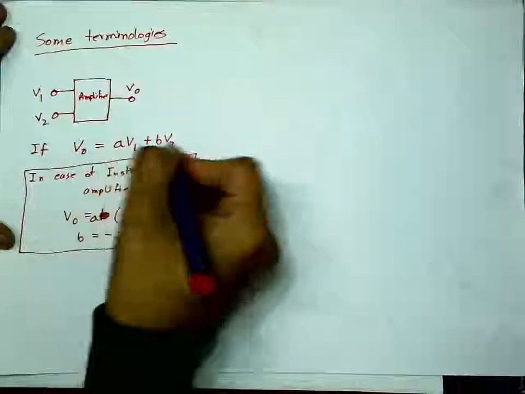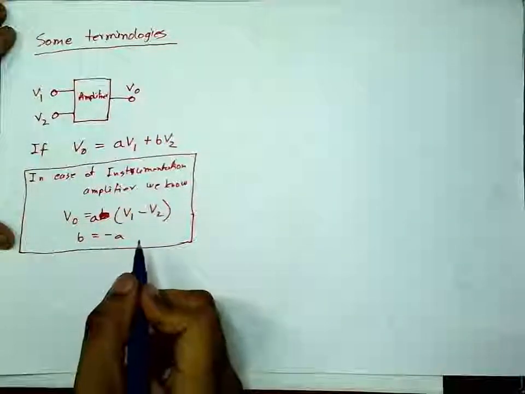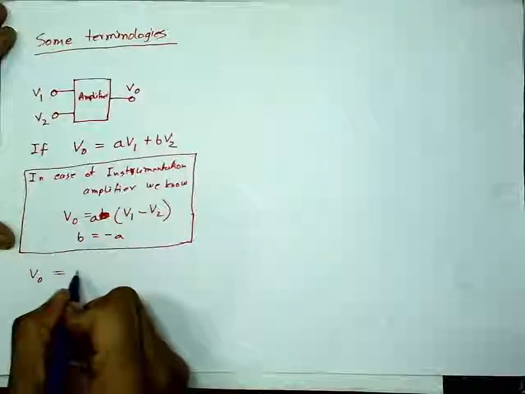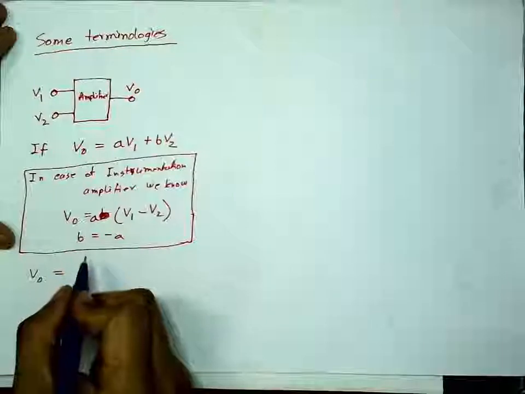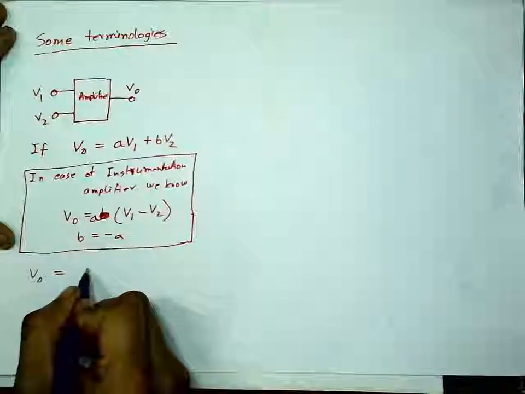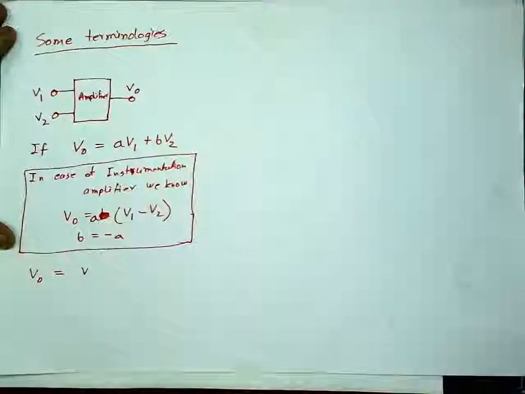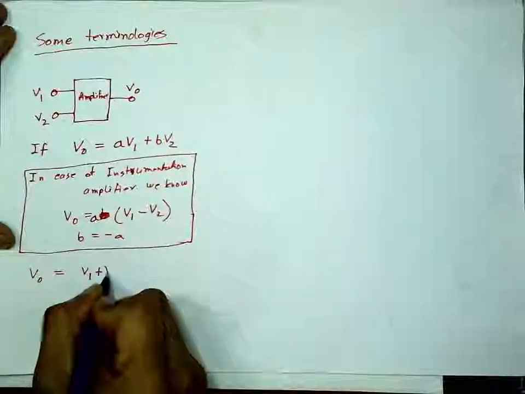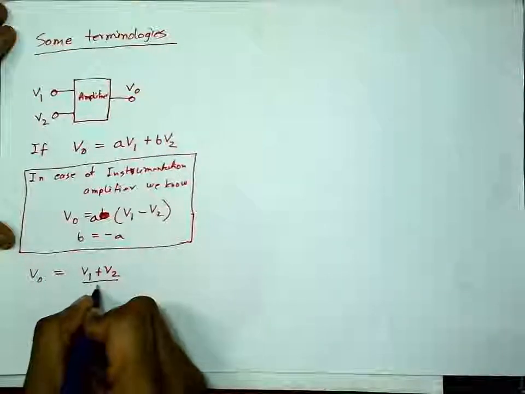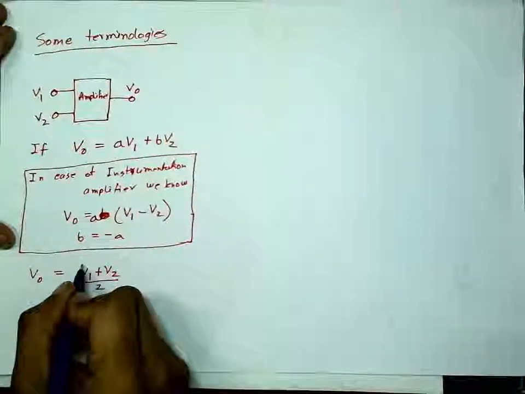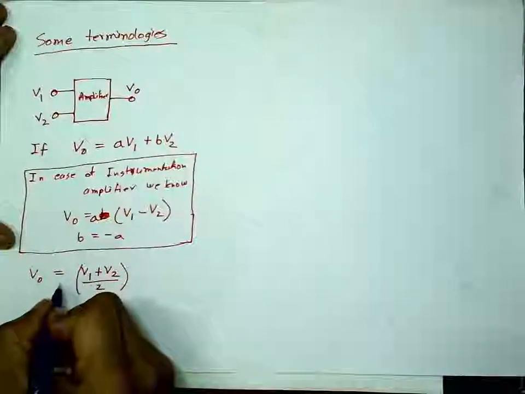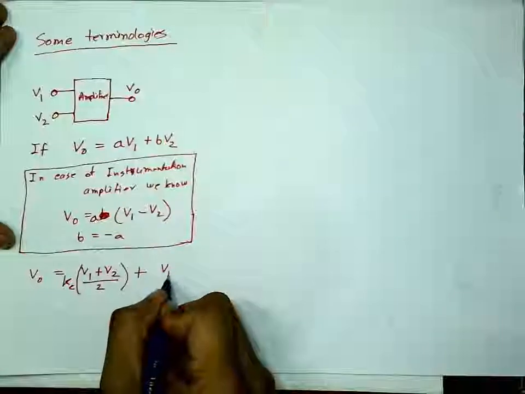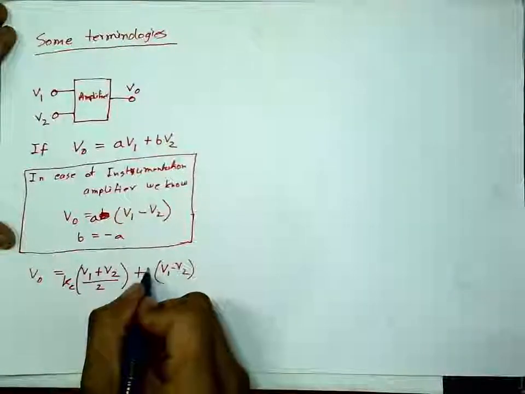I don't know whether it will always happen, but if it does, I can rewrite this as V1 plus V2 by 2 times some Kc, plus V1 minus V2 times Kd.